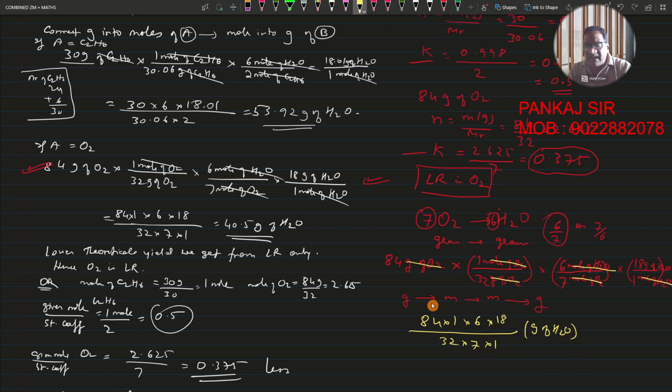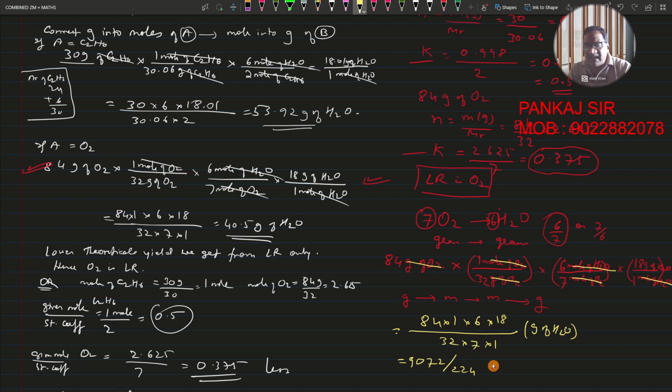Grams of water. Now you just work out this 84 times 1 times 6 times 18, whatever it is given. And if you work out this, let me work out quickly. It will be 84 times 6 times 18 equals 9072, divided by 32 times 7, right? 32 times 7, which is 224.